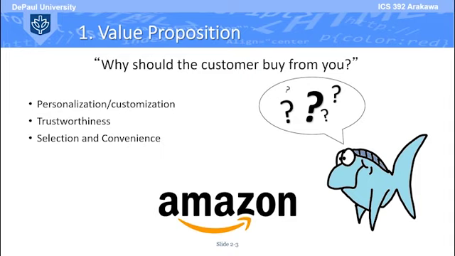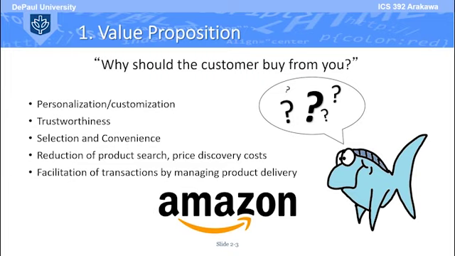Next, selection and convenience. So just think of all the things that you can get on Amazon, the different categories, the different products that they have, and certainly their one-click purchasing options and having things shipped to your house, and Amazon Prime and all the benefits you get there. Amazon is also good for reducing product search time.